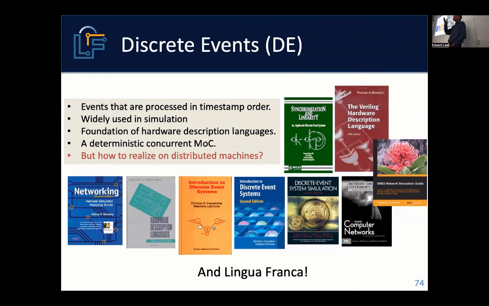So for example, VHDL, have any of you used VHDL? Quite a few of you, okay. So VHDL actually has an odd sort of variant of superdense time, in that you have components whose outputs are conceptually one microstep later than the inputs without metric time increasing, which is sort of a curiosity of VHDL.